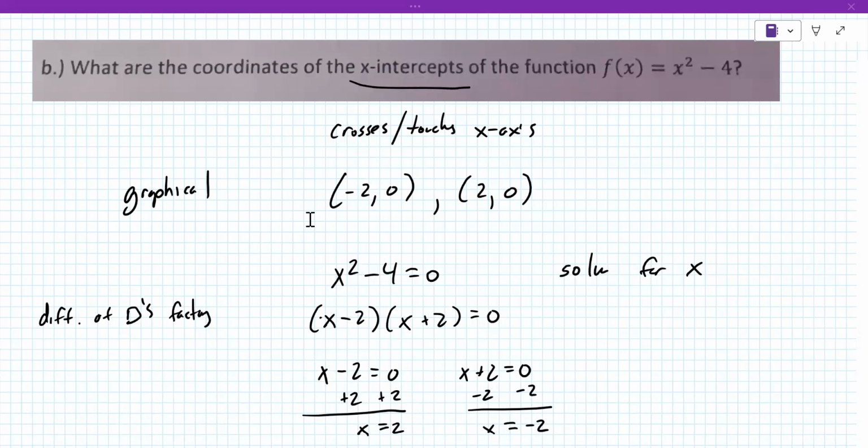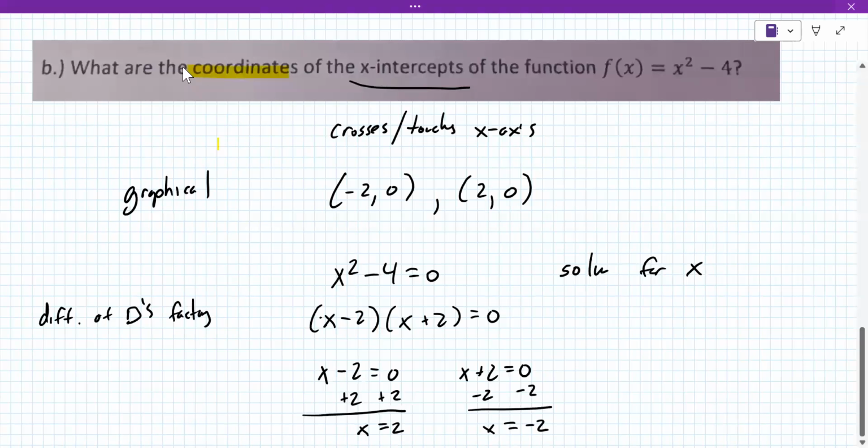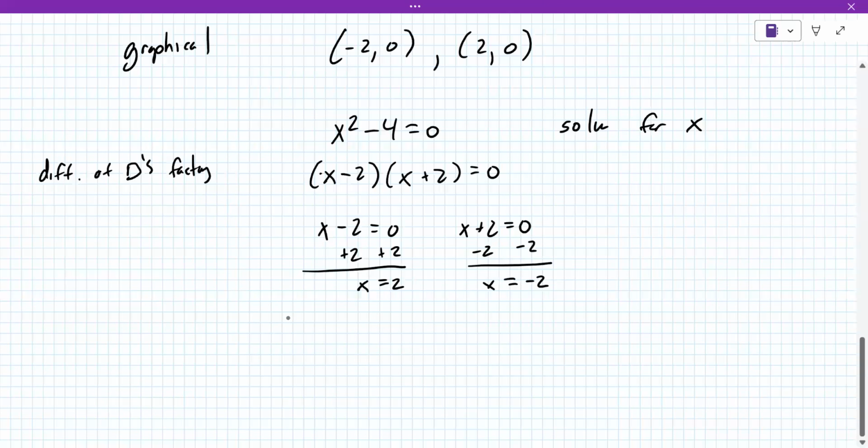So all we did here is show it 2 ways. We went to the graph and looked for them. We can also do it by hand, algebraically. They give the same answer. But because it's asking for coordinates, just make sure that you're actually giving the answer in coordinates. So you'd have to convert these to ordered pairs.